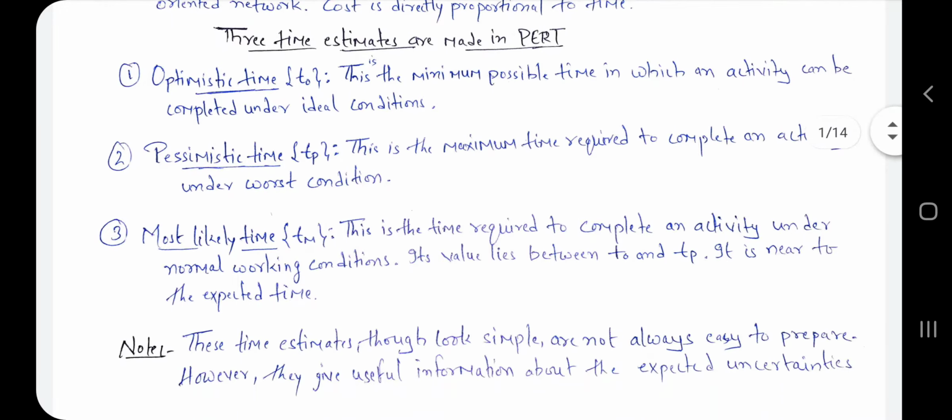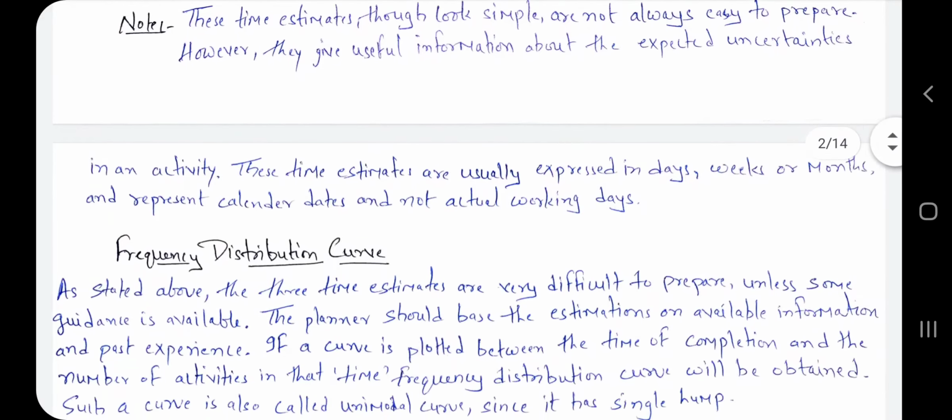Okay, so here we have to note one thing: these time estimates, though they look simple, are not always easy to prepare. They give useful information about the expected uncertainties in an activity. These time estimates are usually expressed in days, weeks or months and represent calendar dates and not actual working dates.